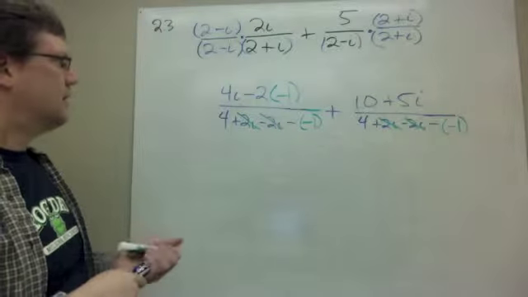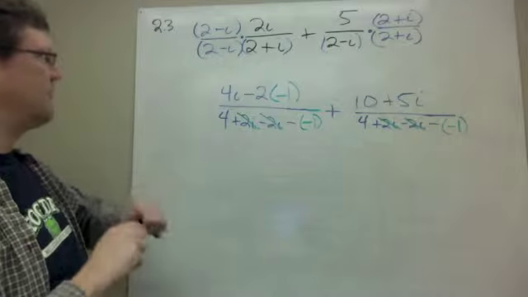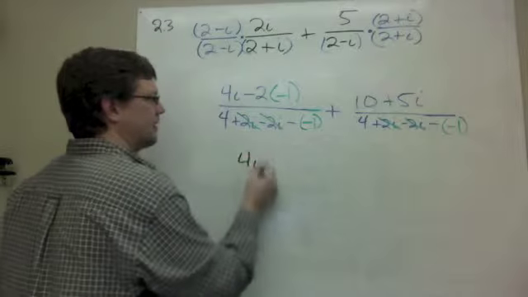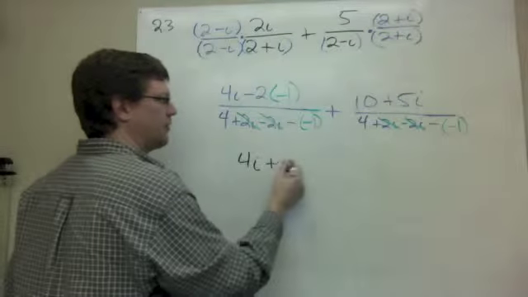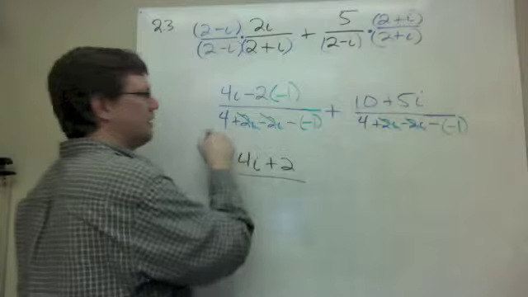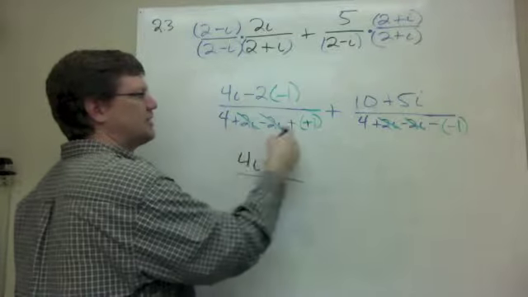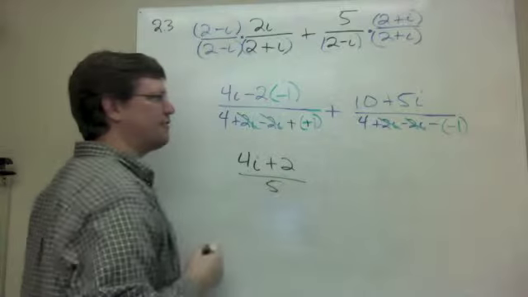Okay? So let's kind of clean that up. Right? 4i minus a minus is a plus 2. 4 minus a minus 1 is the same thing as 4 plus 1. That's over 5 then.